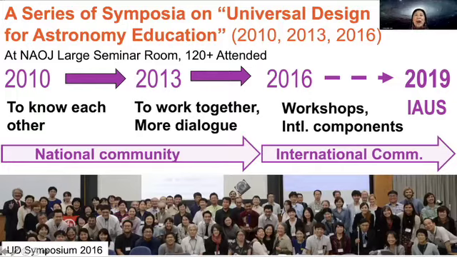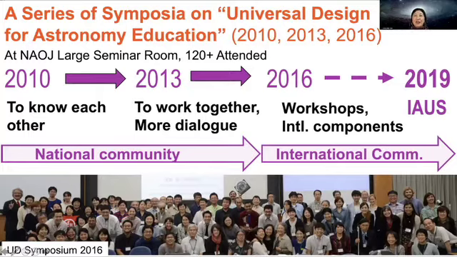Before we held the IAU Symposium, we had organized a series of symposia on universal design for astronomy education in 2010, 2013, and 2016. From the beginning, I was deeply involved in them. In 2010, we got to know each other and started developing a national community.